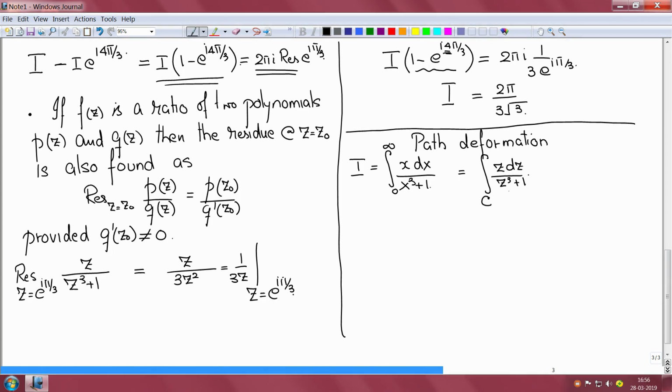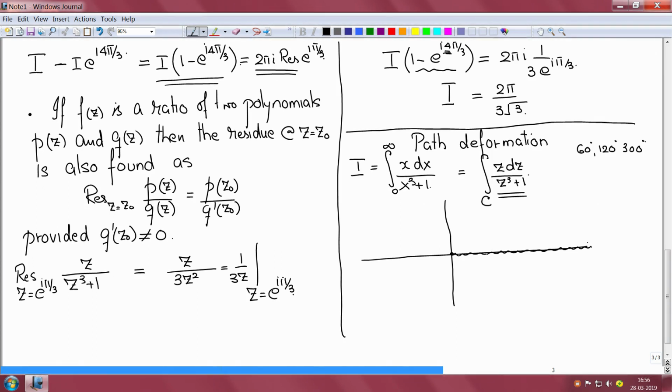Now I know the singularities of this function, where this blows up. These are given at 60 degrees, 120 degrees and 300 degrees. As long as I don't touch these singularities, the poles, my starting integral is from 0 to infinity.